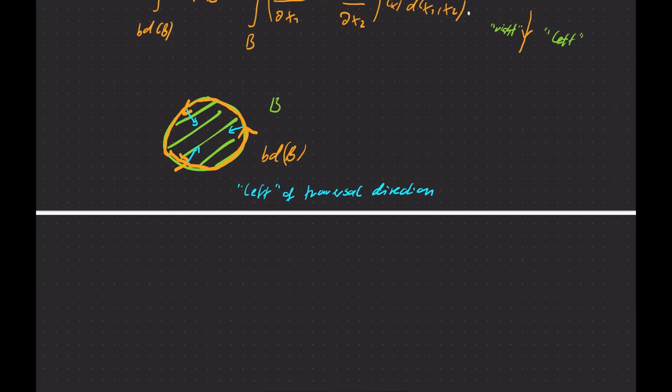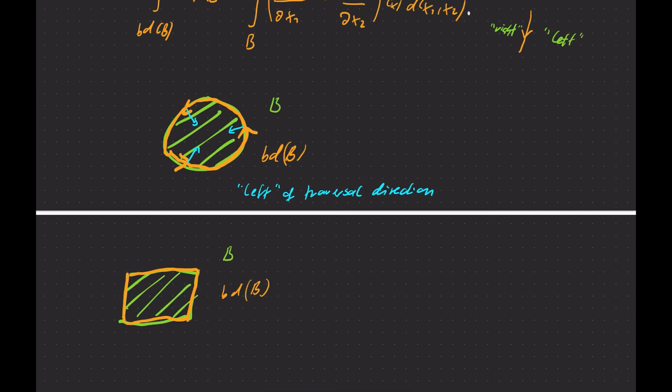Okay, one more example. We also said we don't need to have a differentiable curve, but it needs to be piecewise differentiable. So for example, if we have a set like this, a rectangle as our set B, then that's also fine. The border in this case consists of those 4 pieces here.